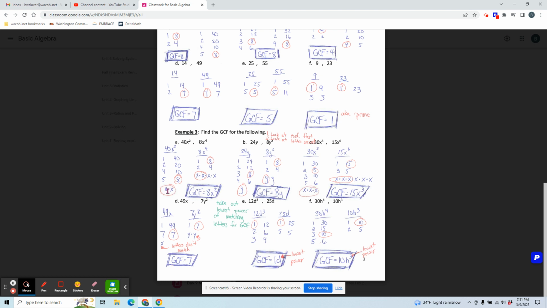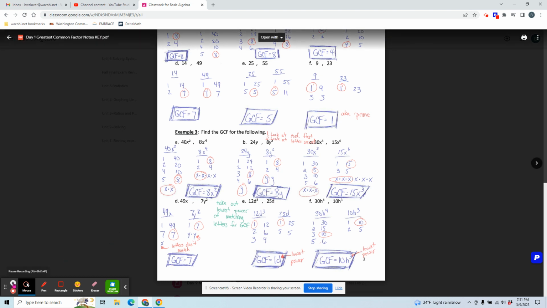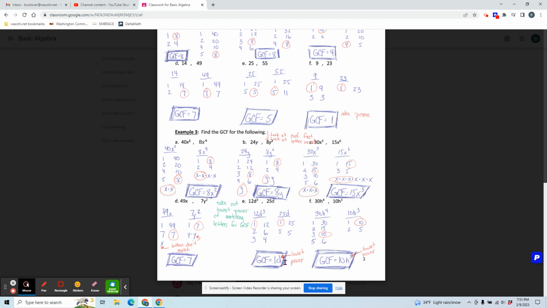Now, instead of writing everything out like I did in the previous examples, if they are the same letter, you will take out the lowest power. And that's what this note in green is. And this will always work. So I have d cubed and d. Same variable. I take out the lowest power. And my lowest power is d to the first. So I took out a d, lowest power.